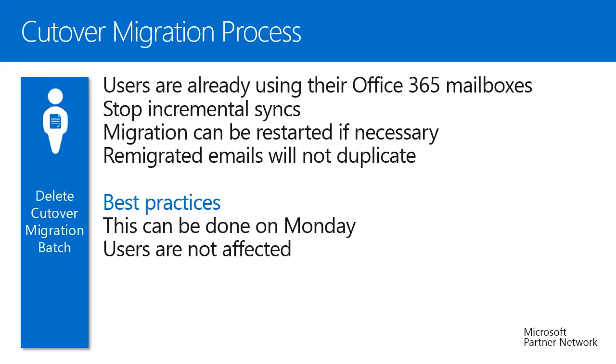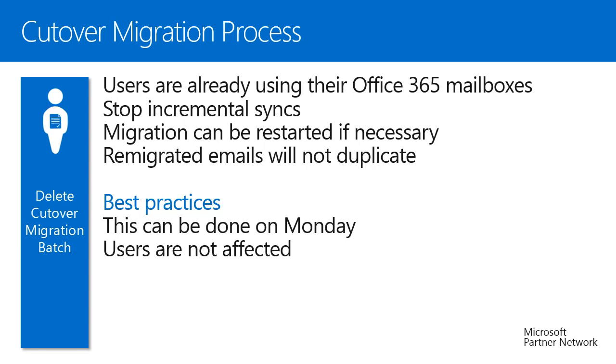After the MX record is changed, the users are actually using their Office 365 mailboxes to receive and send emails. You can still keep the incremental synchronization running, it's not a problem at all. You even have the option to remove and restart the migration, because this is a fairly intelligent process.